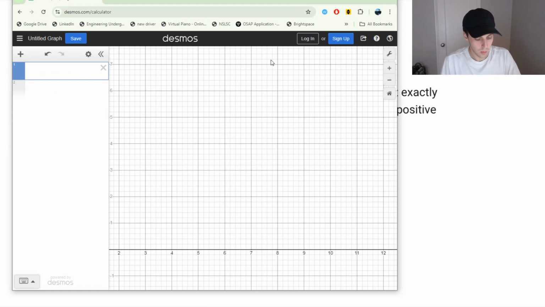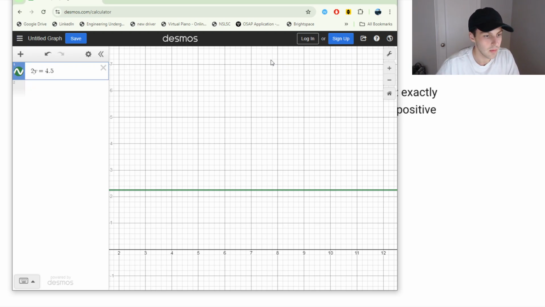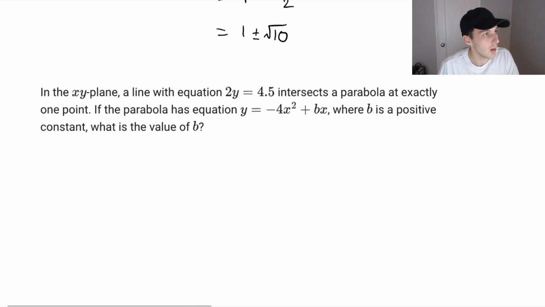So we know that we have 2y is equal to 4.5, or y is 2.25.